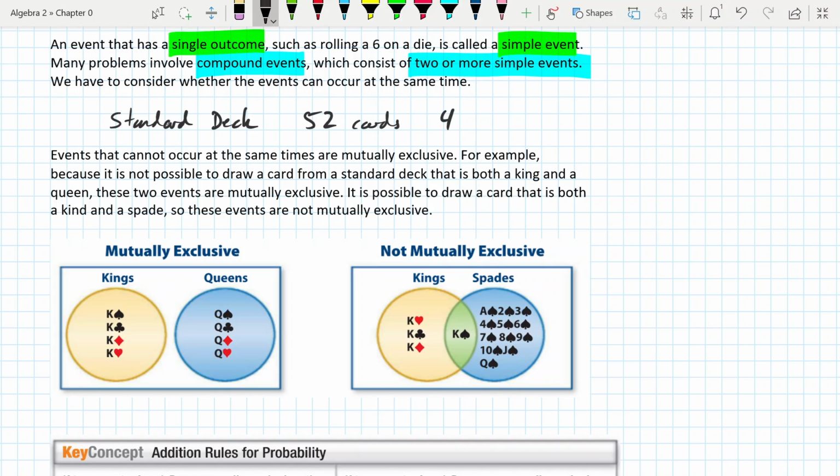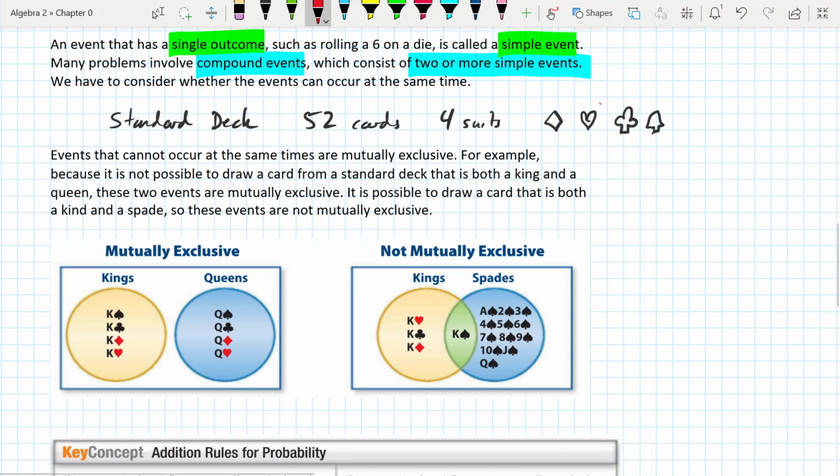It has four suits, and they are diamond, heart, club, and spade.